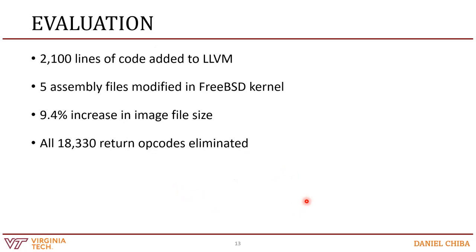So those obviously had to be modified themselves, because you can't use the compiler to change those files. None of the C files were modified. The resulting image size was 9.4% bigger than the original one. And most importantly, all of the 18,330 occurrences of return opcodes were eliminated.